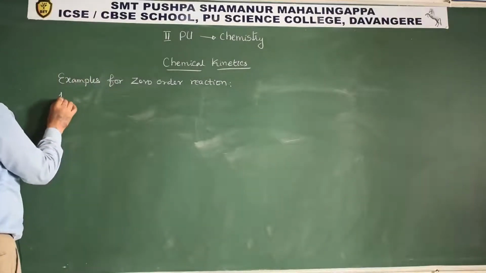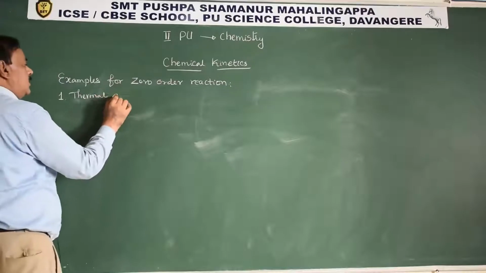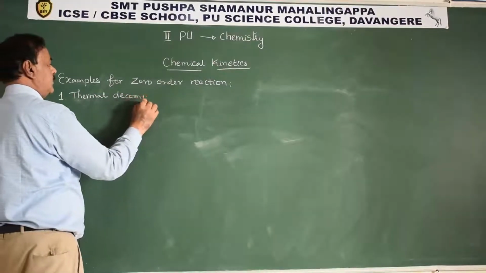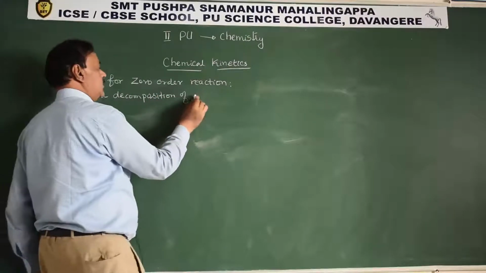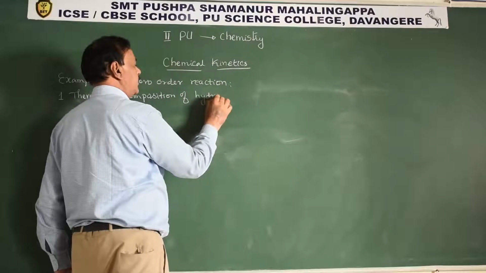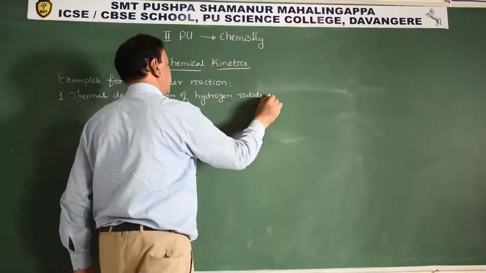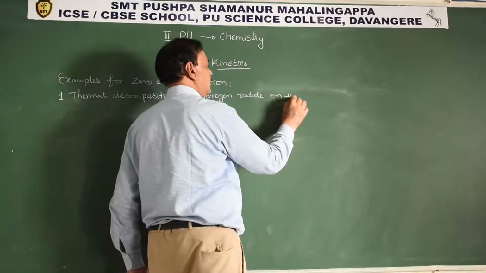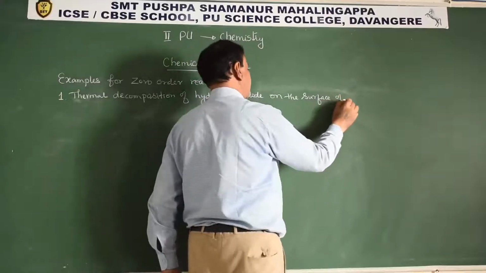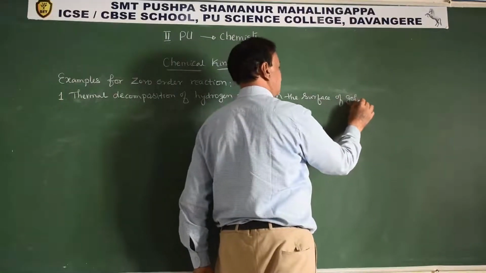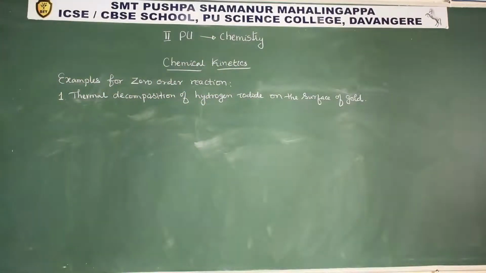First one, thermal decomposition of hydrogen iodide on the surface of gold.